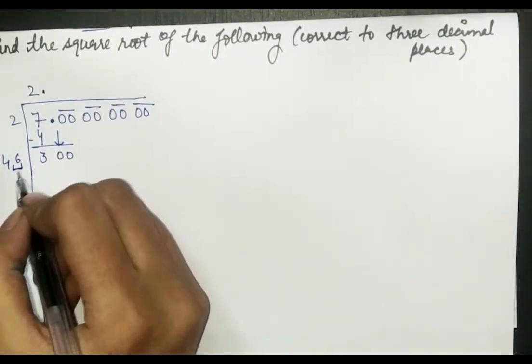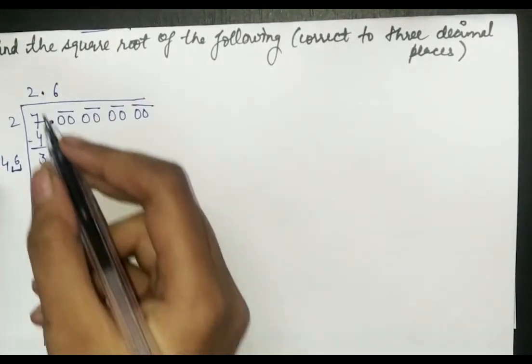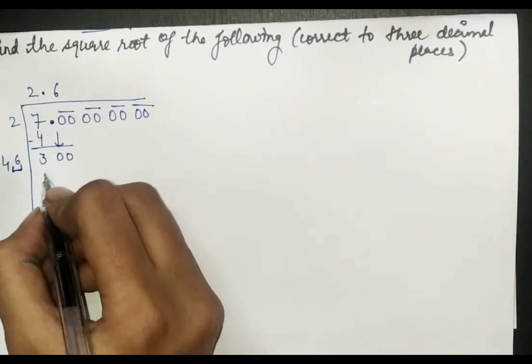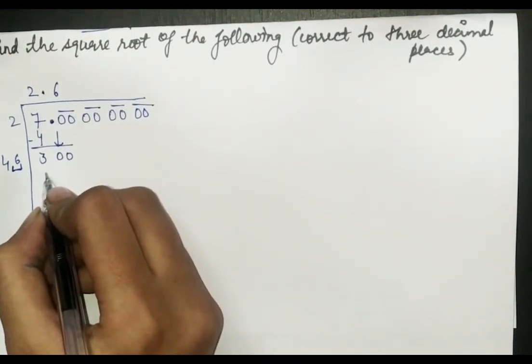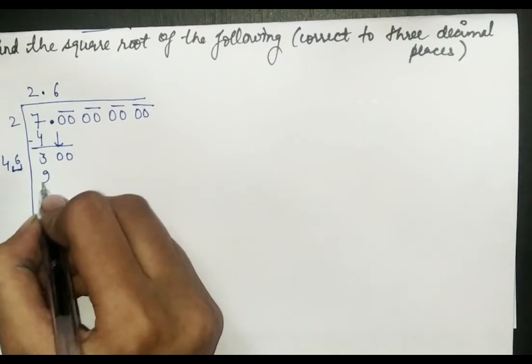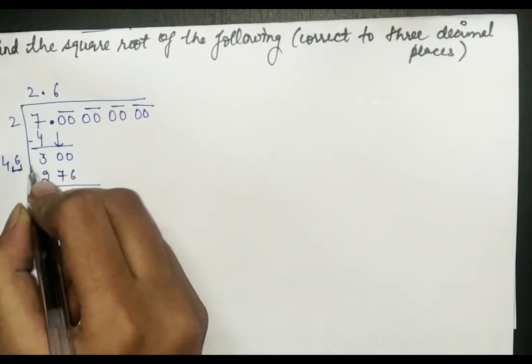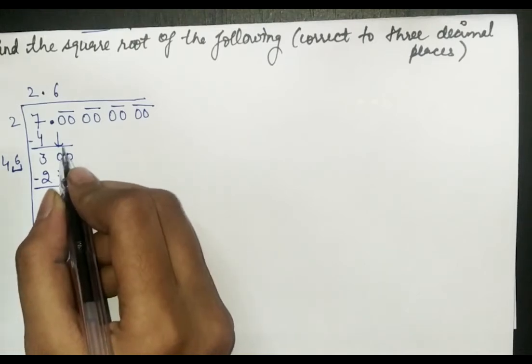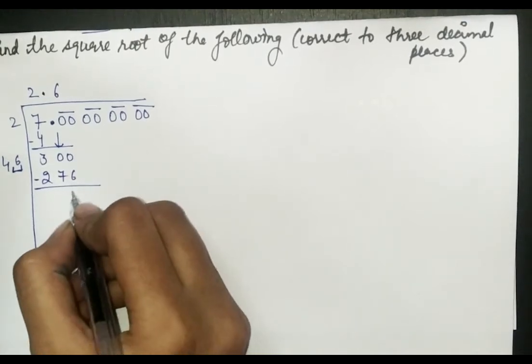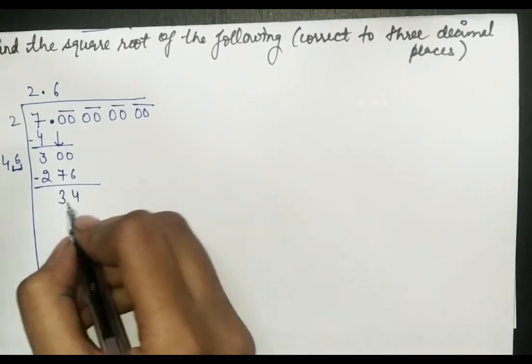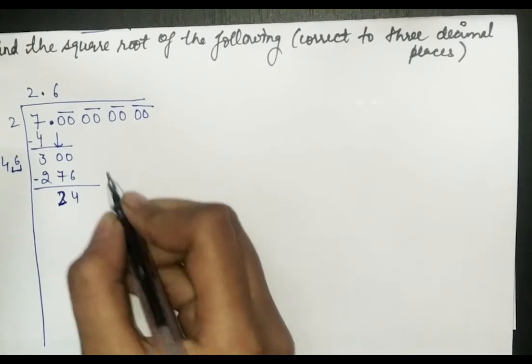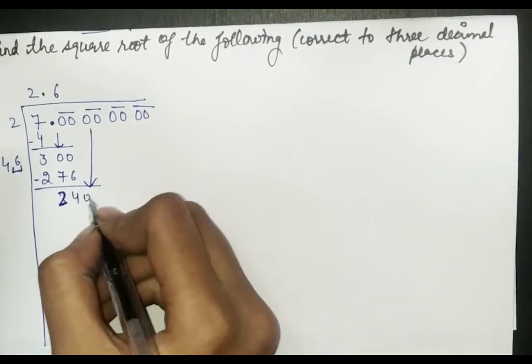So 46, and here we also will write 6, means 46 into 6 is 276. Then subtraction, so 24, and then we have to put 00 again.